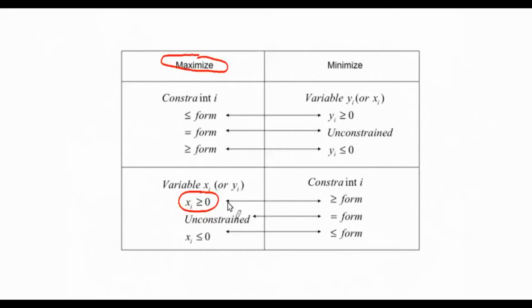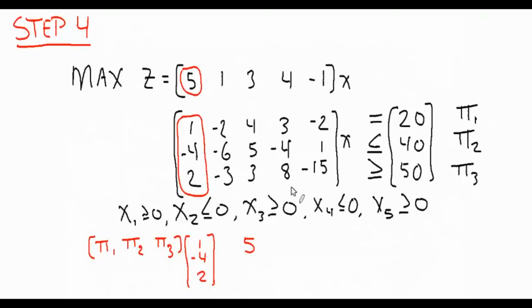So you follow this line over to the right, and you get that the dual constraint is of greater than or equal to form. So that's what we'll use. Now we know that what we need to put in here is a greater than or equal to sign.